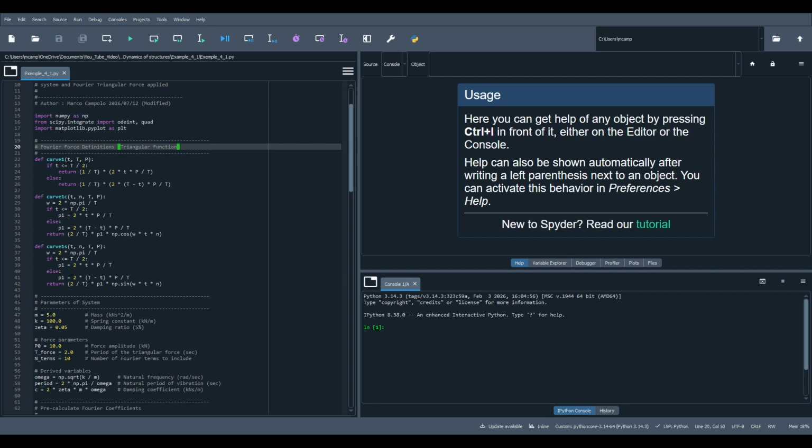Define omega and return the values of p1 and p2 in these two cases.